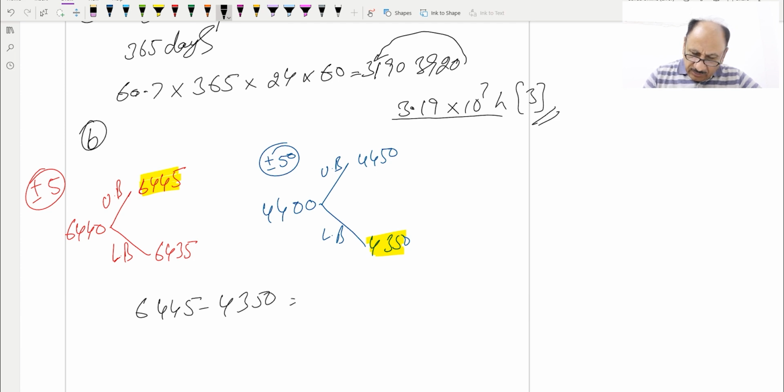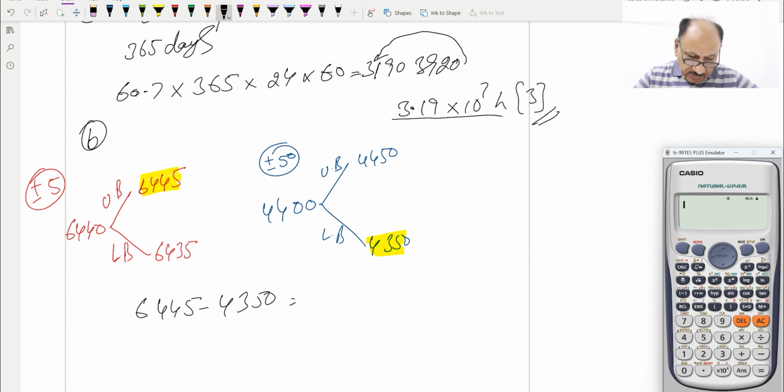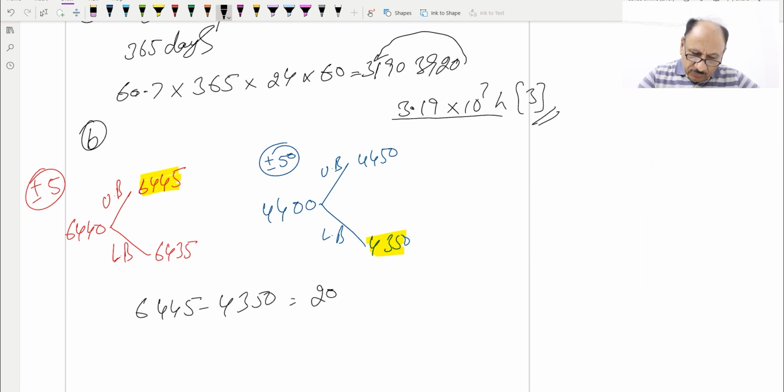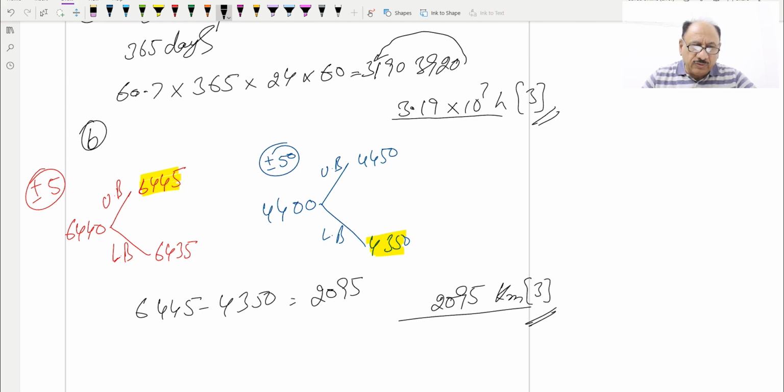So 6445 minus 4350 is equal to 2095 kilometers, our final answer, and this is for 3 marks. Hopefully you understood this question.